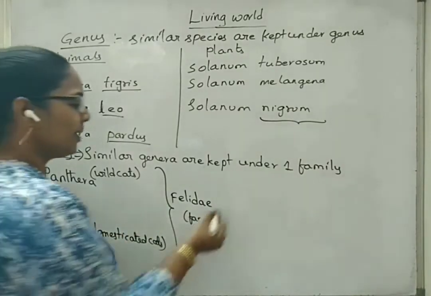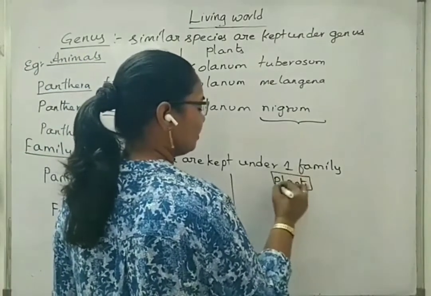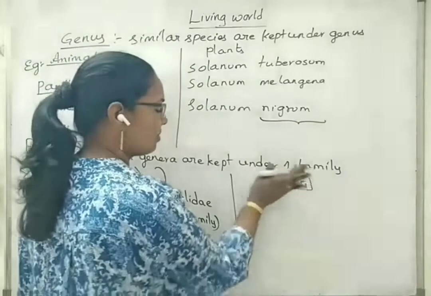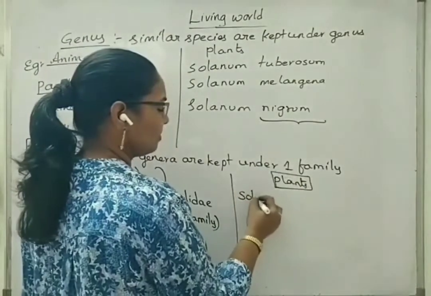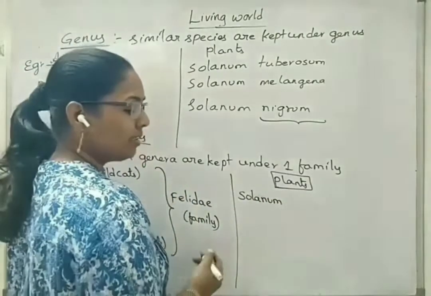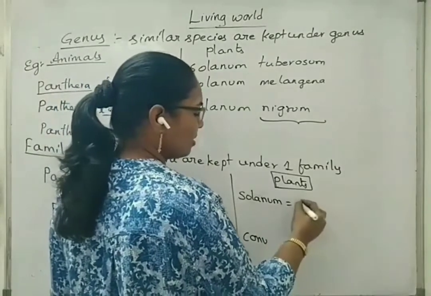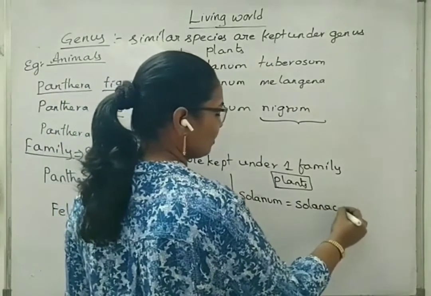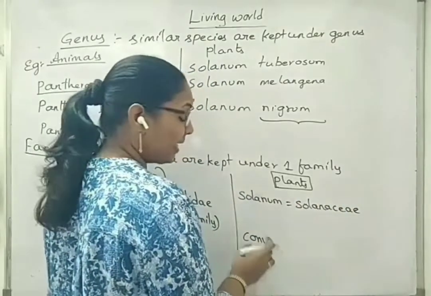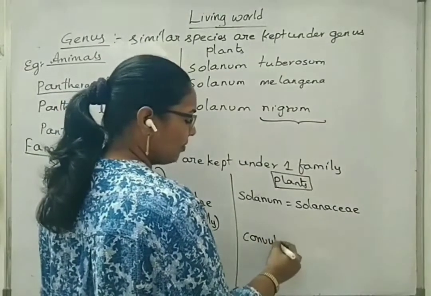In case of plants, we will see another example. Solanum is a type of genus, which belongs to family Solanaceae. Another, milkweed or bindweed types of plants, are studied under Convolvulaceae.